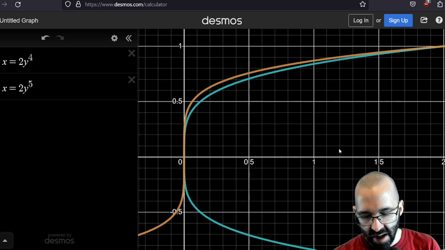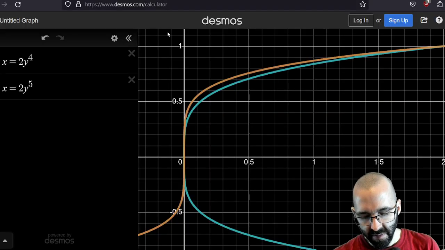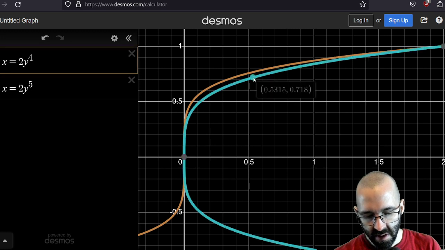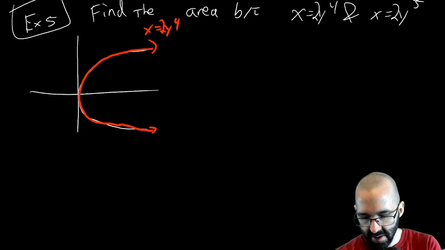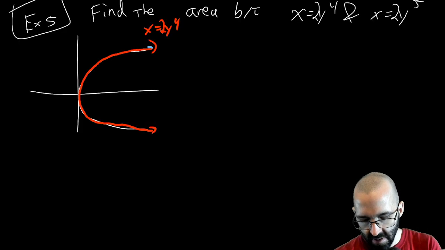So if we copy this down, the 2y to the 4th is the blue graph. And so the cubic type one is above it. But there's an intersection. And it looks kind of like this.